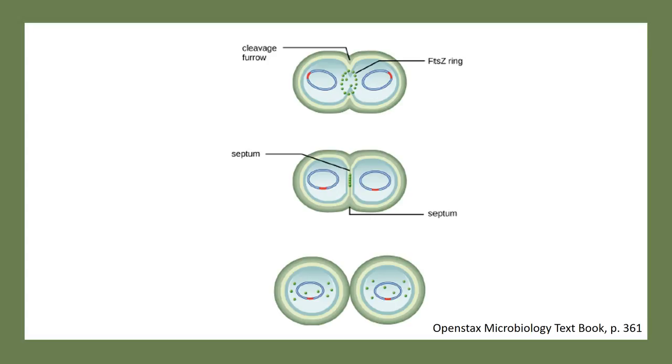Other enzymes will help expand on these existing peptidoglycans to form a cell wall into the septum, or the septum grooves. So as the septum continues to grow, the cell membrane grows and the cell wall will grow with it. At the end, the two small daughter cells will have a complete cell membrane and a cell wall. These cells in turn will continue to grow and expand and will continue the process of dividing in the same manner.